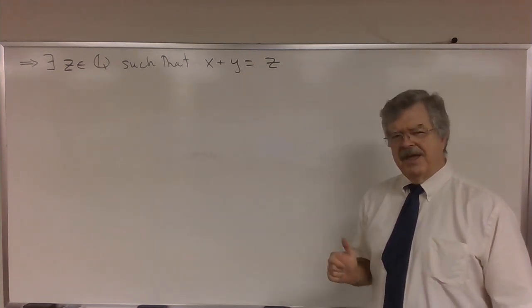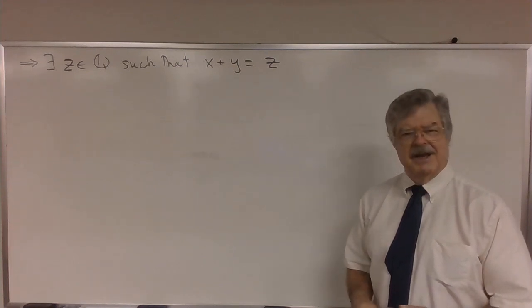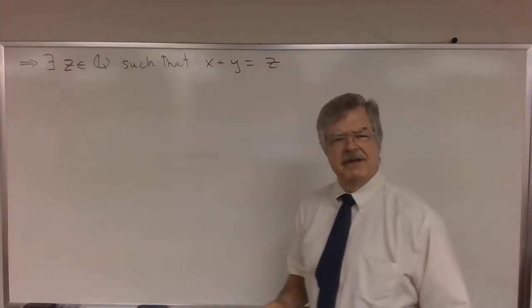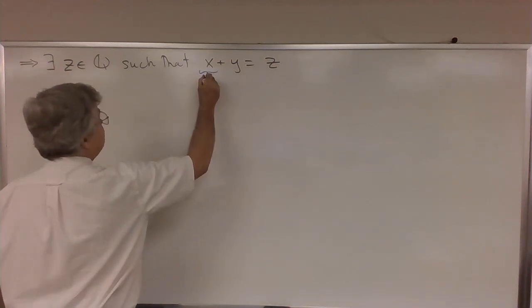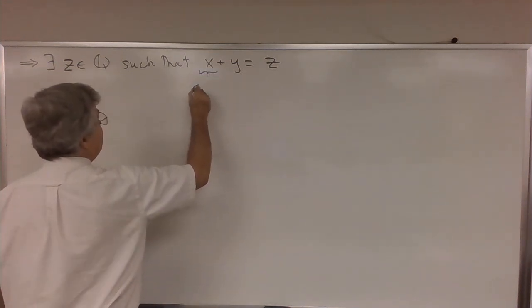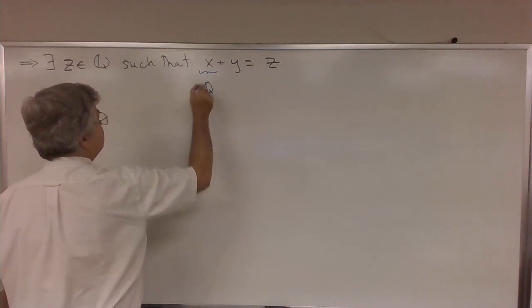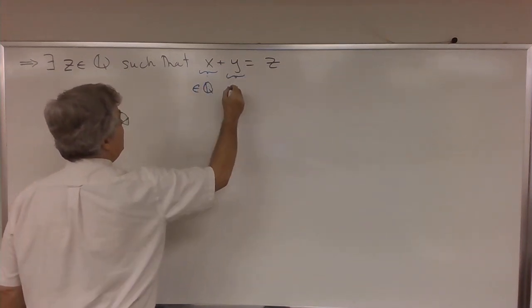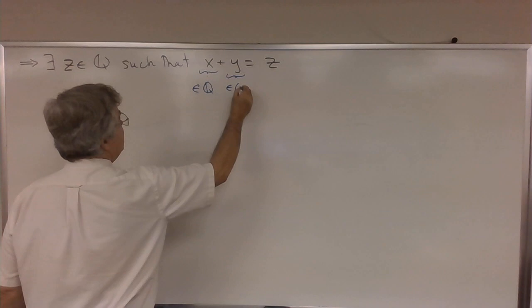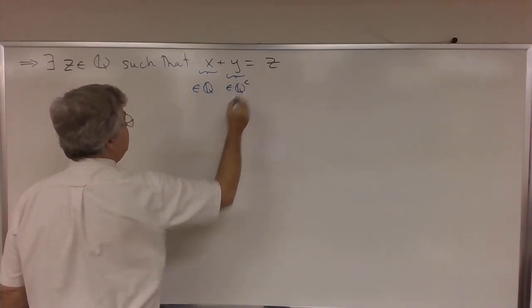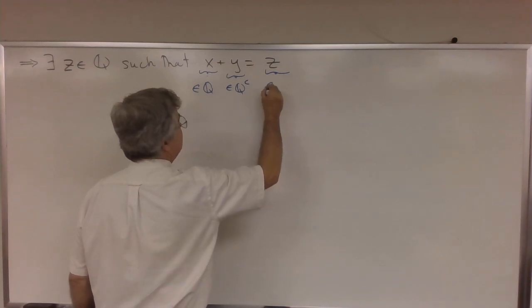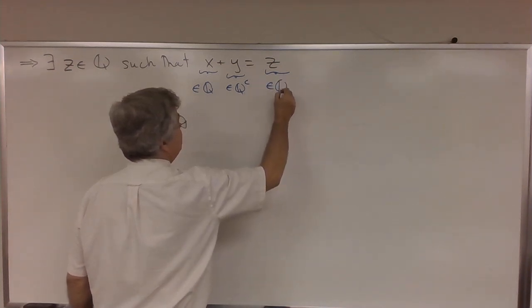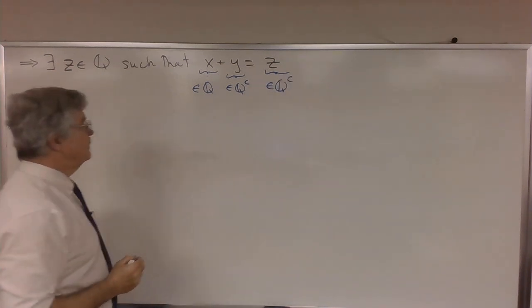And I think I'm kind of getting the picture of how this proof has to go now. Here's x, and x is a member of the rationals. Here's y, and y is a member of the irrationals. And here's z. Z is a member of the rationals.